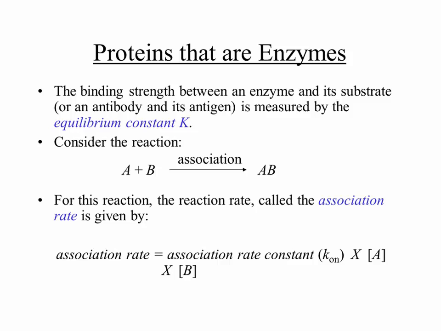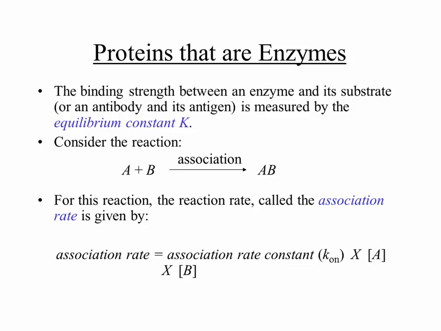So the association rate is going to be equal to the association rate constant, which is the constant of proportionality, K on, multiplied by the concentration of A times the concentration of B. Okay? Where [A] within square brackets denotes the concentration of A in moles per liter, [B] within square brackets indicates the concentration of B. So that is the rate at which the forward reaction will take place.